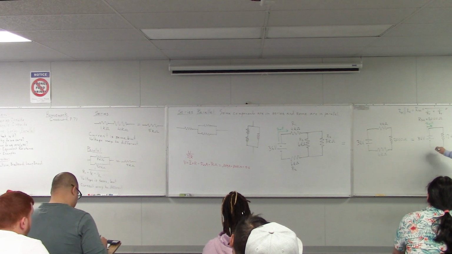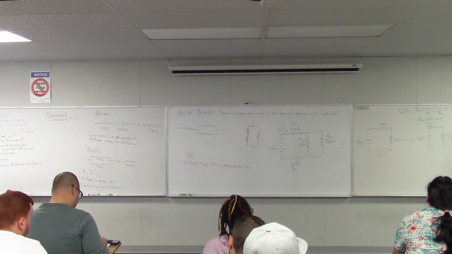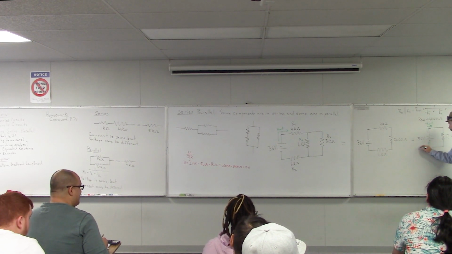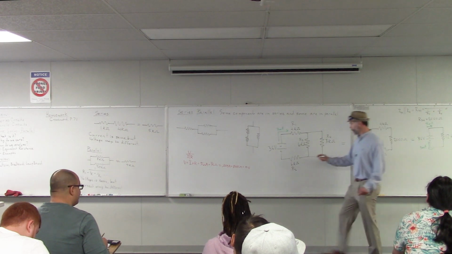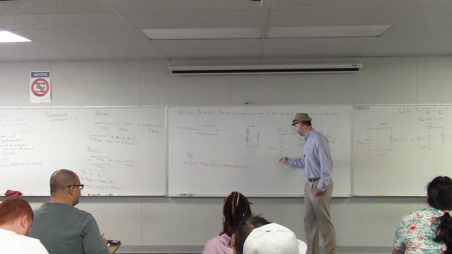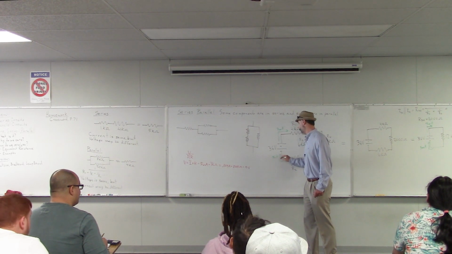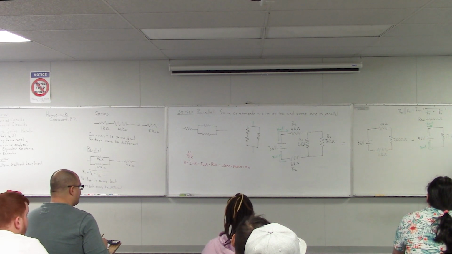And how much is flowing back into the power supply, by the way? 3 milliamps, exactly. The current flowing out is always the same as the current flowing back in. So we have 3 milliamps flowing back in there, and also 3 milliamps flowing back around there. Okay.